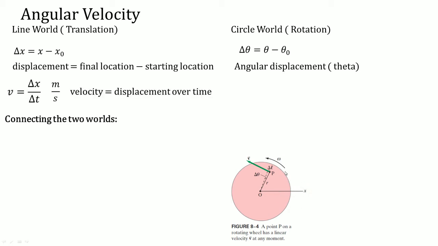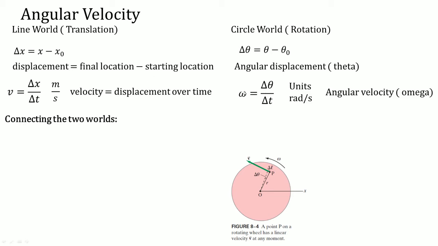If we solve for velocity, we know that velocity is the displacement over time. We can take the slope of the displacement over time, and we get the velocity, and the units for that are meters per second.